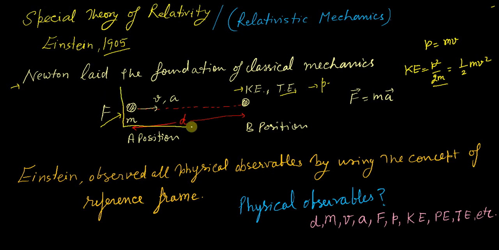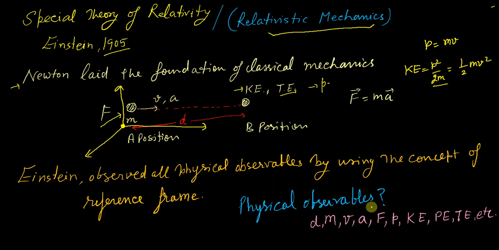So if I make this coordinate system here, then obviously the mechanics of this particle, you will see, has velocity, force, kinetic energy, etc. But now all the physical observables are with respect to this coordinate system, the origin. So this is the additional part which Einstein introduced into the mechanics, and because of that we say relativistic mechanics.